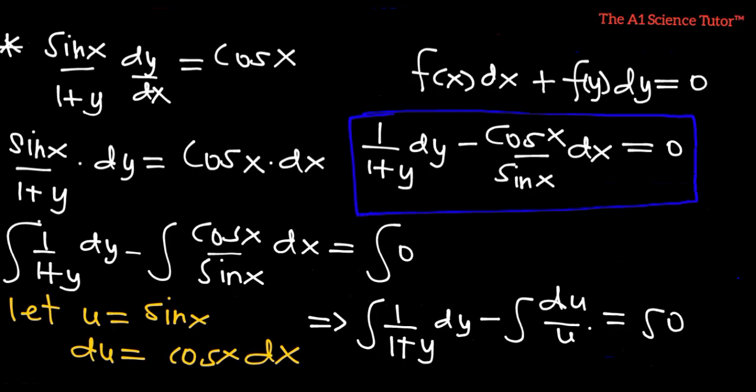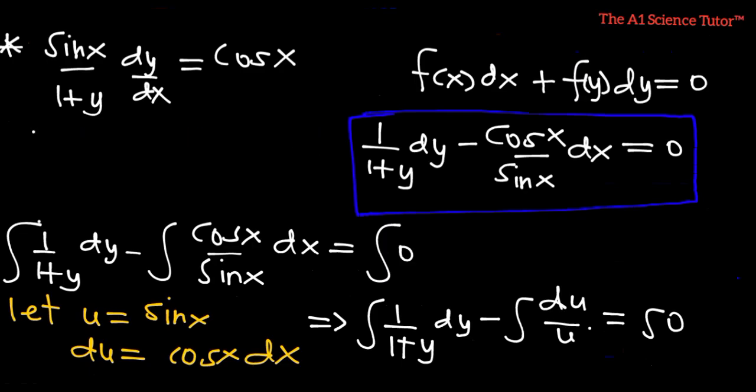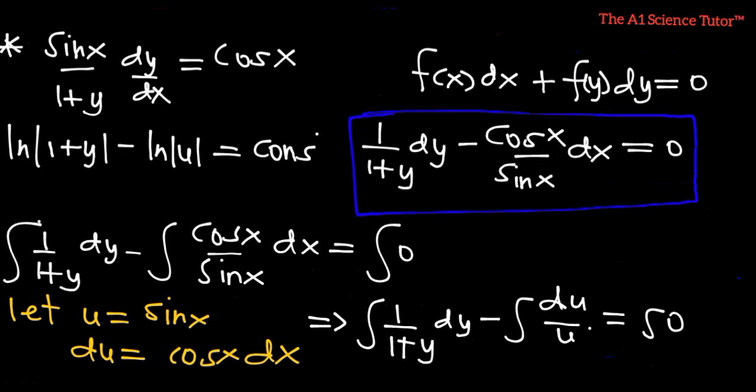And over here we have the integral of 0. So what is the integral of 1 over 1 plus y? That is going to be ln 1 plus y. And here we're going to have a minus ln absolute u. And over this side, we're going to have a constant.